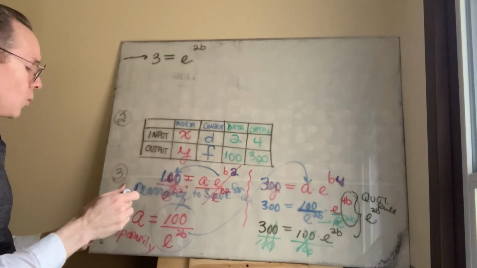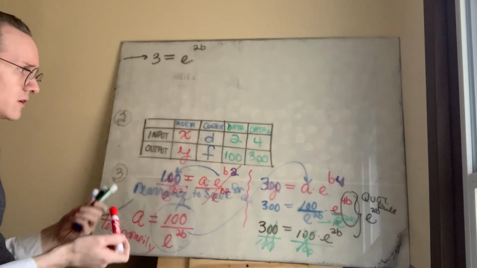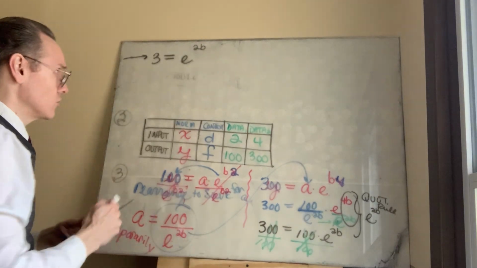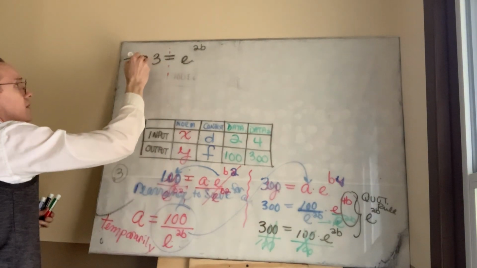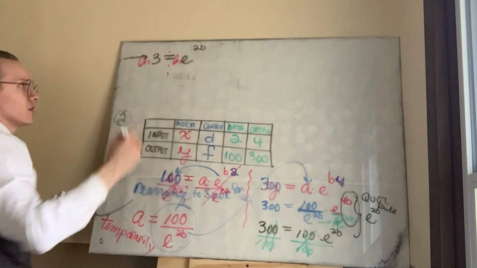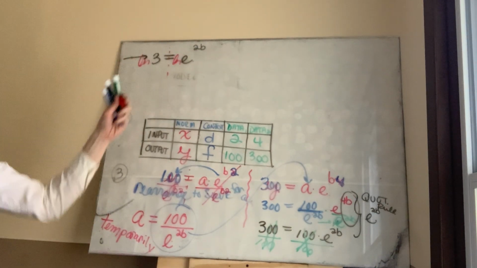Just remember, when you apply natural log, you have to be consistent, as though they're opposite operations. Whatever you do to one side, do to the opposite side. The natural log of 3 is whatever number.